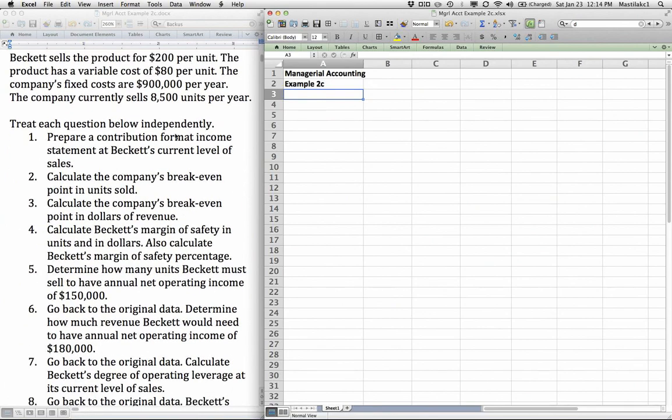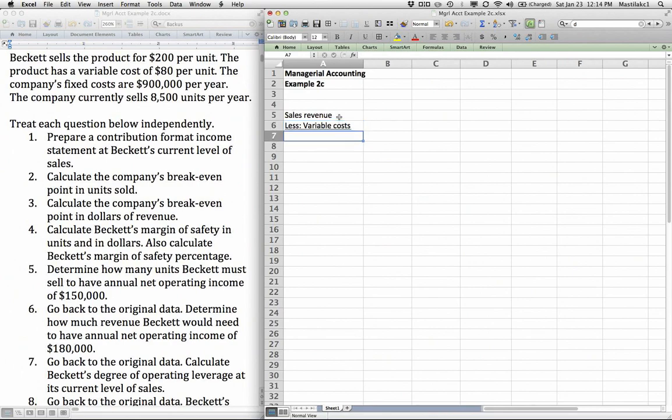We're going to treat each of these questions sort of independently. First question, or first requirement, prepare a contribution format income statement at Beckett's current level of sales. A contribution format income statement is an income statement that separates expenses or costs by cost behavior.